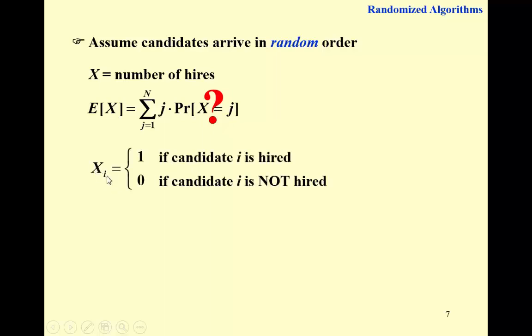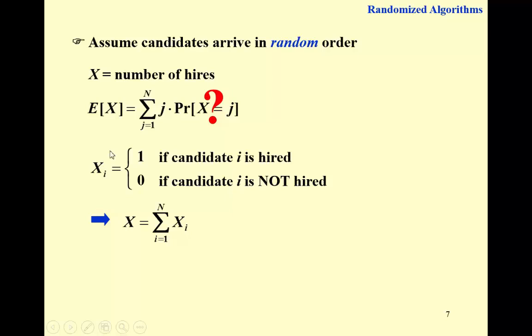Let's define x sub I to be 1 if candidate I is hired, or 0 if candidate I is not hired. Then what is the relationship between the value of x and the values of these x sub I's? X is the sum, right? Now we see that x sub I is much simpler than x, right?